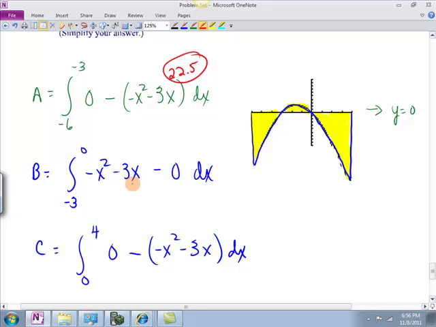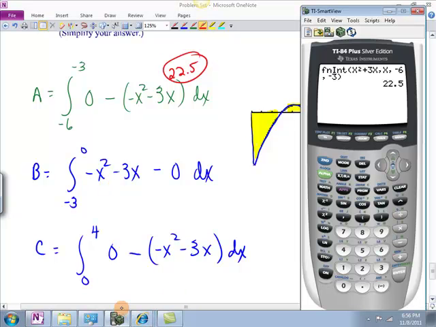Now, do this one. Same thing, but you have different limits of integration, and let's do that. Math 9, but we're going to have negative x squared minus 3x, comma, x, comma, -3, comma, 0, close.